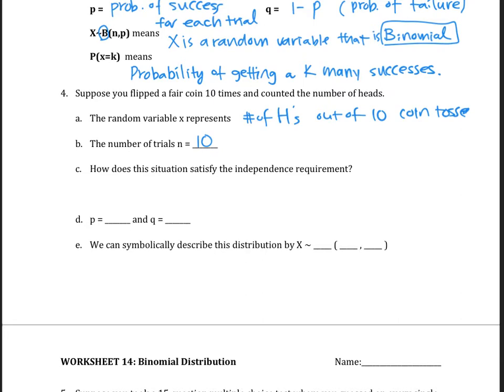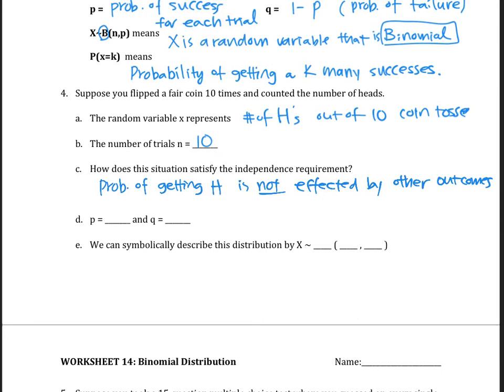These are independent events because the probability of getting outcome H is not affected by other outcomes, right? So the probability of getting H on my second toss is not affected by whether or not I tossed H on my first toss.